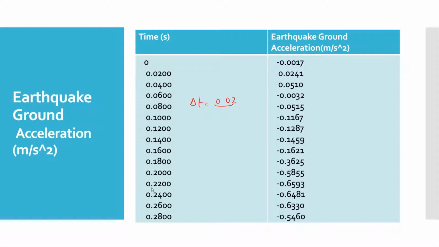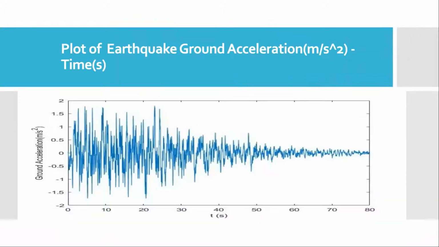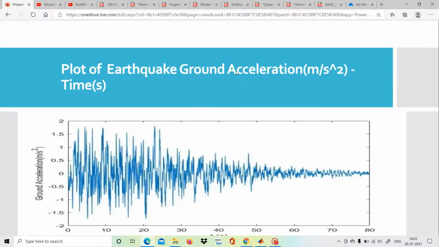Here it is only 15, but in actuality there are 4,000 or 5,000 discrete points, so we have to find the maximum values from them. Here we have a plot of ground acceleration versus time. We will show how to plot it in MATLAB, so let's go to MATLAB now.